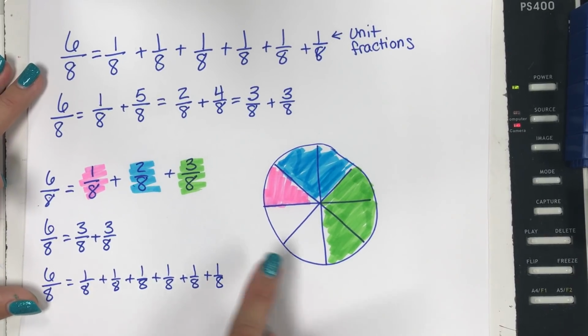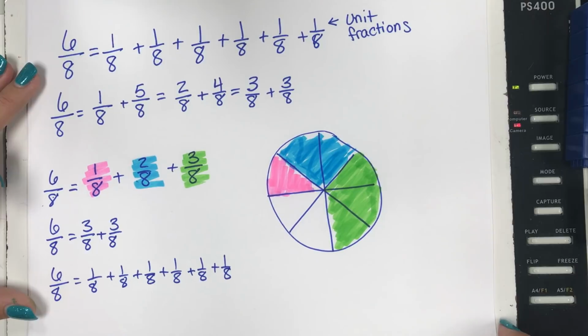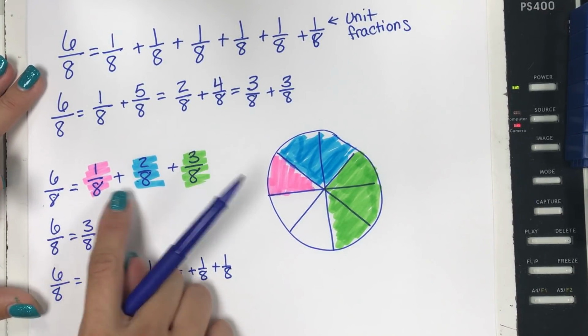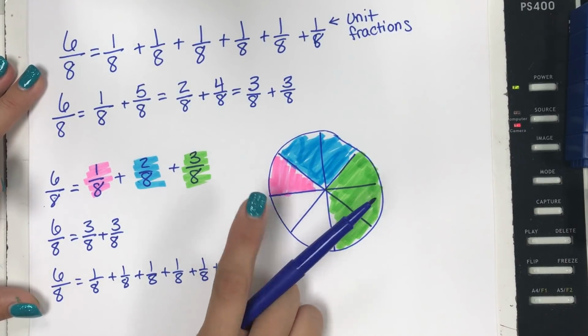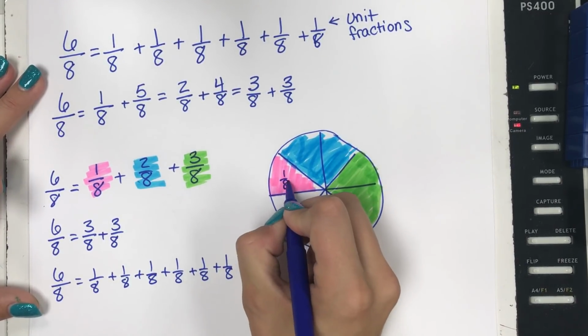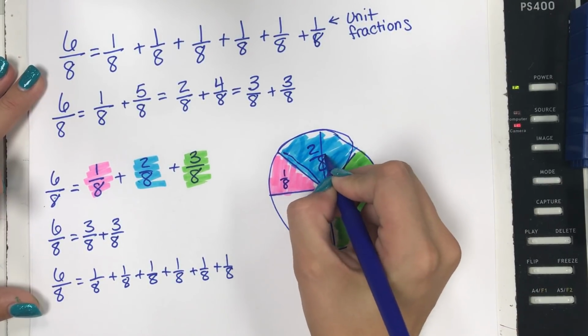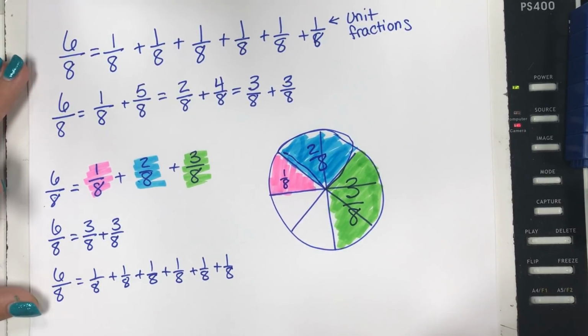Okay, so if you're decomposing fractions, and they ask you a question like this, make sure that you think about, what does this picture really mean? Because I have 1/8 here, and then these two together are 2/8, and these 3 together are 3/8.